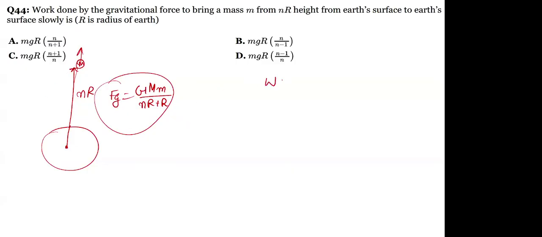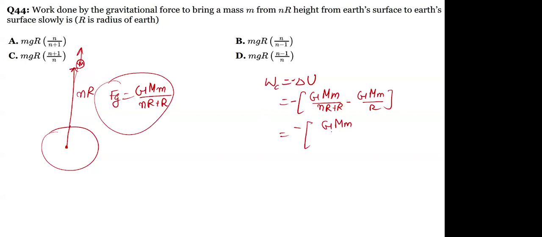And we know that work done is nothing but change in kinetic energy, and this work done by the conservative force will be minus of change in potential energy. So initially the potential energy will be minus G capital M small m upon nR plus R, minus, minus G capital M small m upon R. Now you can take common, it will become GMm upon R into 1 upon n plus 1 minus 1.